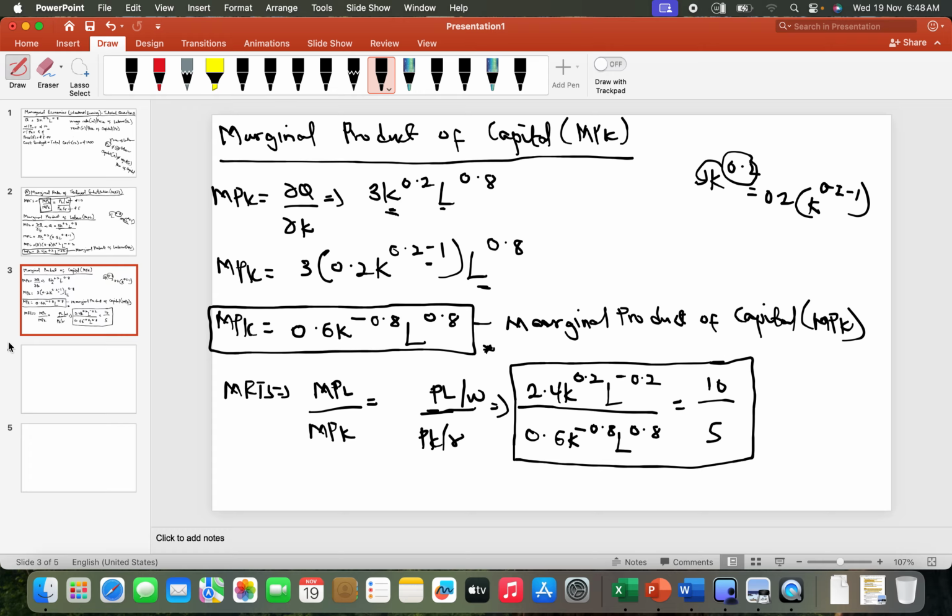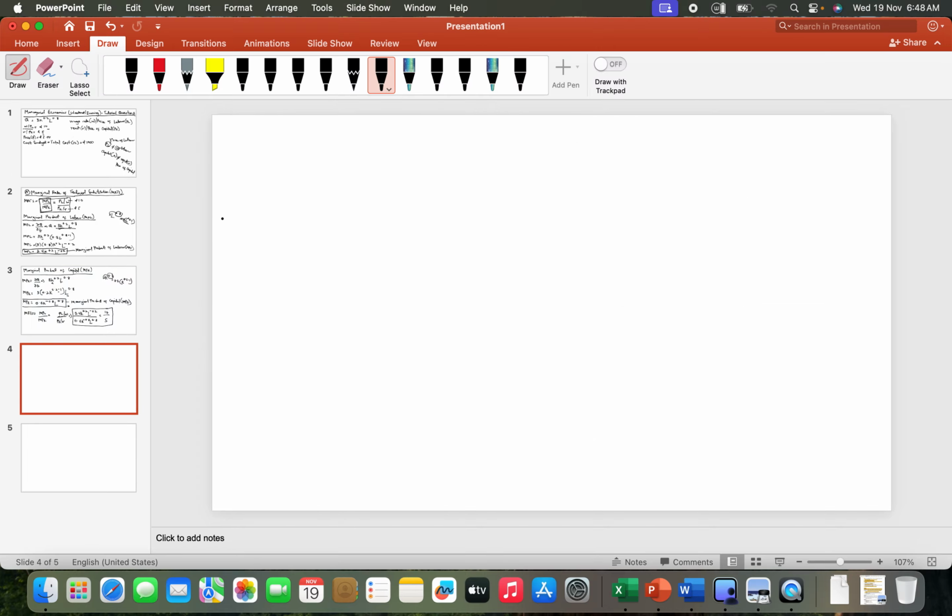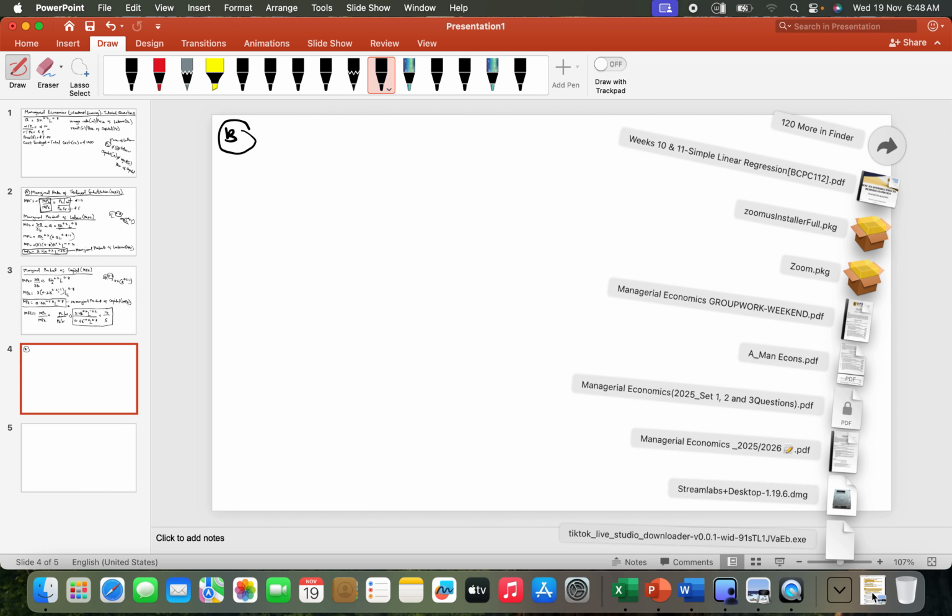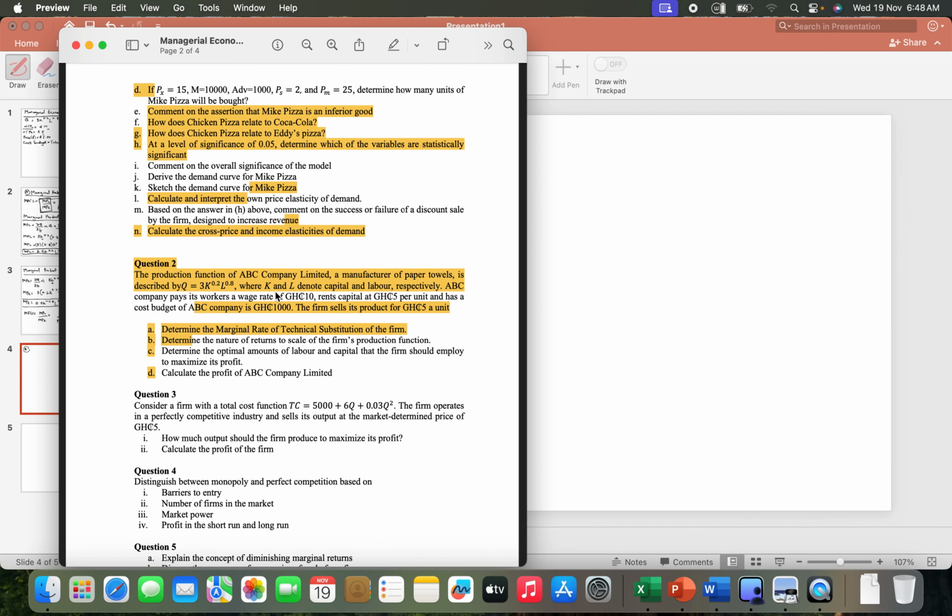I move to the B part of the question. So let's check out the question. With the B part of the question, determine the nature of returns to scale of the firm's production function.